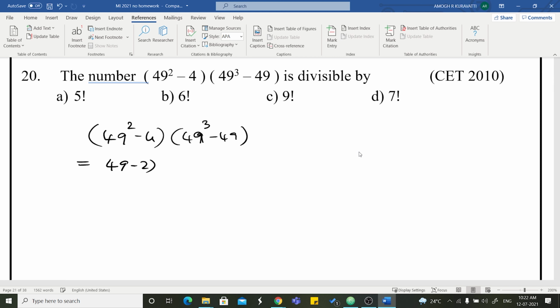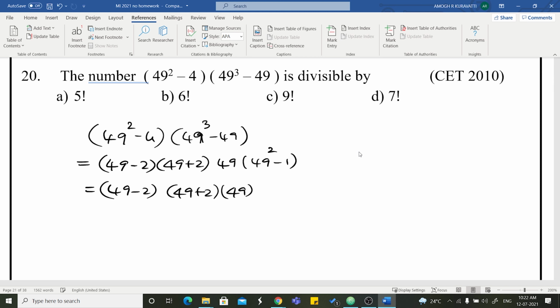You know that a square minus b square is equal to a minus b into a plus b. Here in 49 cube minus 49, take 49 common. That is 49 square minus 1. So 49 minus 2 into 49 plus 2 into 49.